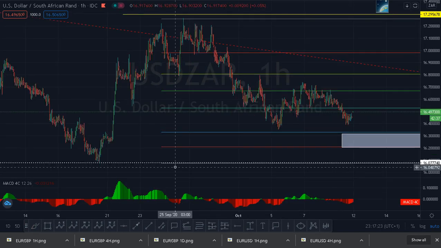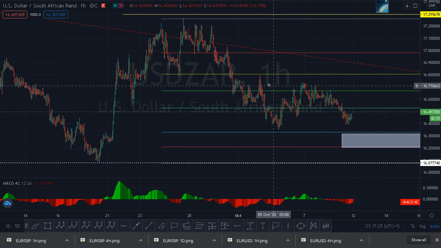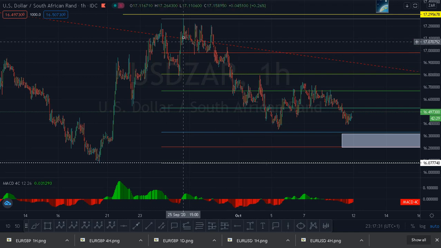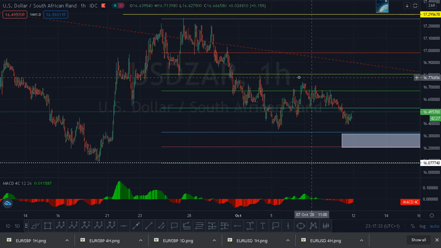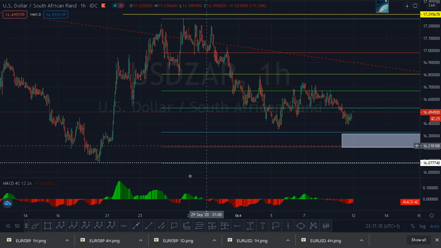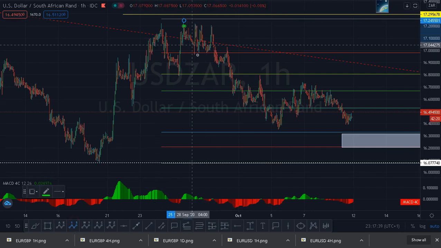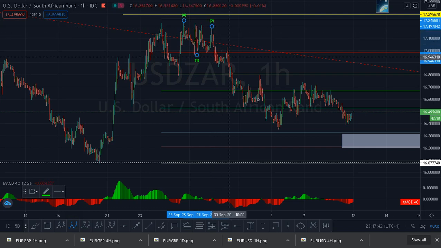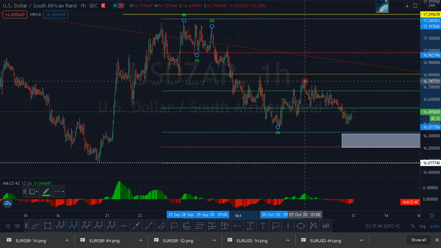Okay, we have it. You see the market is moving quite interestingly. Here we can count 5 waves: 1, 2, 3, 4, and we must have 5 here.